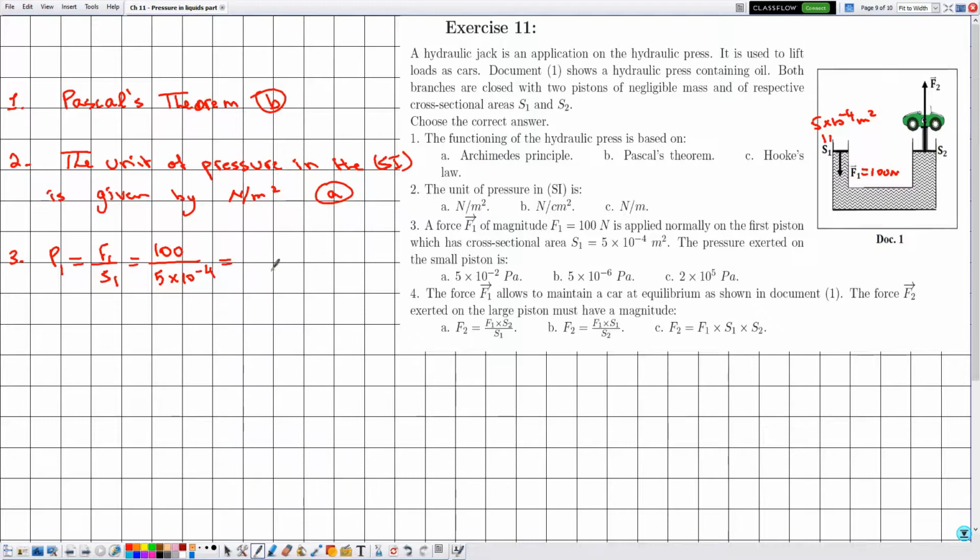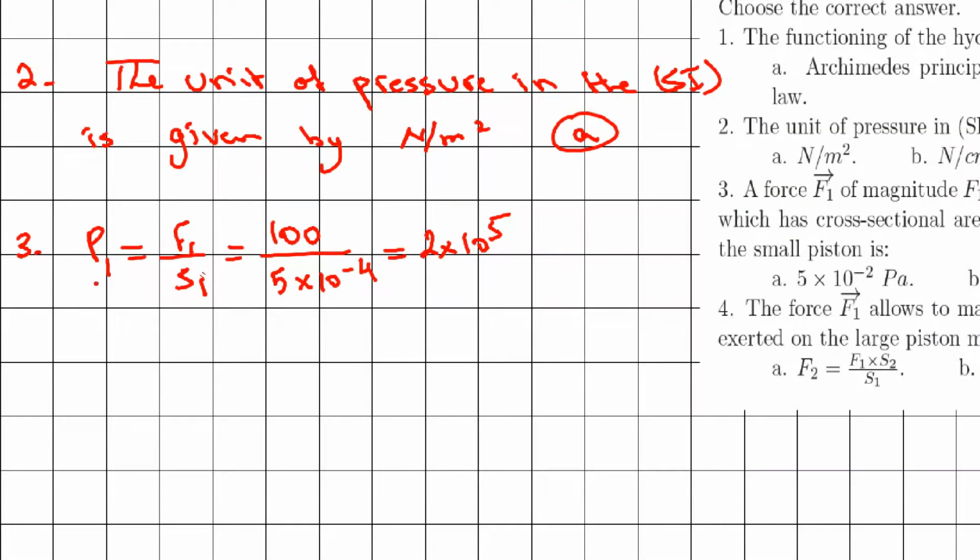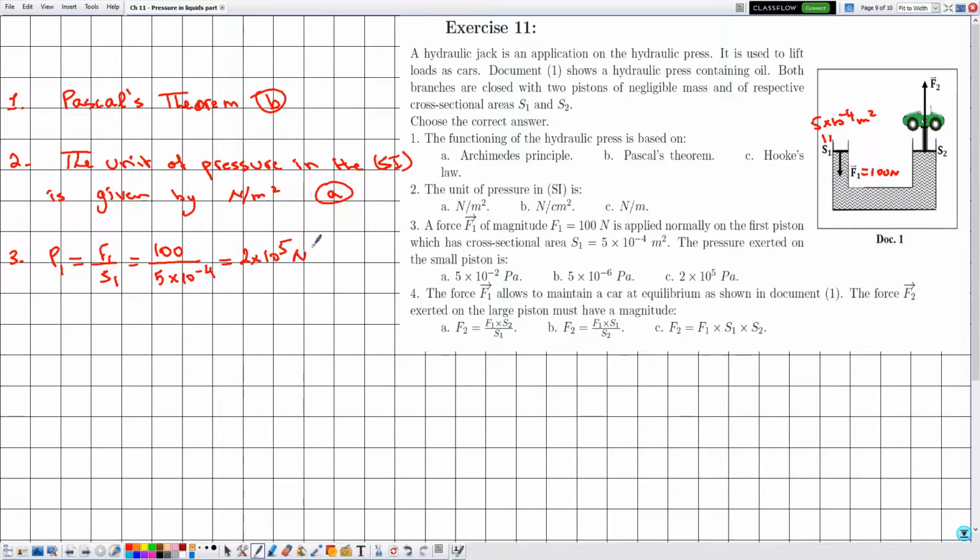Plugging this fraction in the calculator, the value of P1 is 2 times 10 to the power 5. Since both F and S are expressed in the SI, the value of P will be in the SI, which is Newton per meter square, and usually this unit is denoted by Pascal. Then P1 is equal to 2 times 10 to the power 5 Pascal. So P1 represents the value of the pressure exerted due to the pressing force F1. So in this case the correct answer is C.